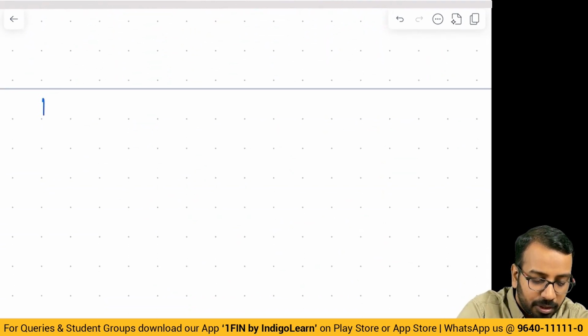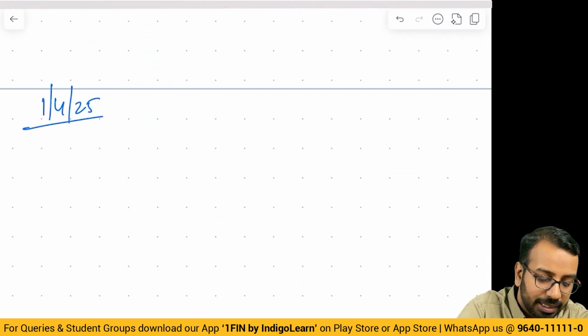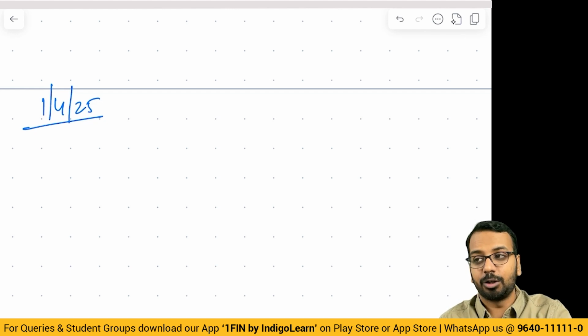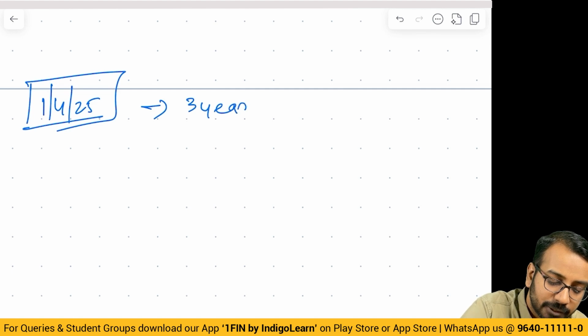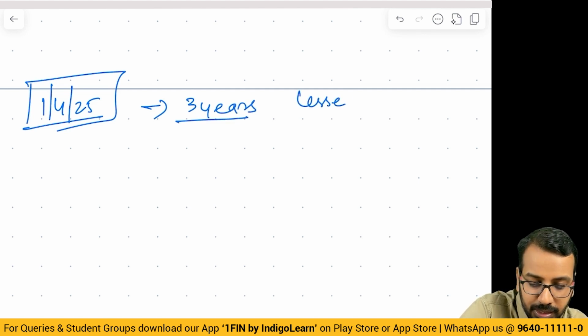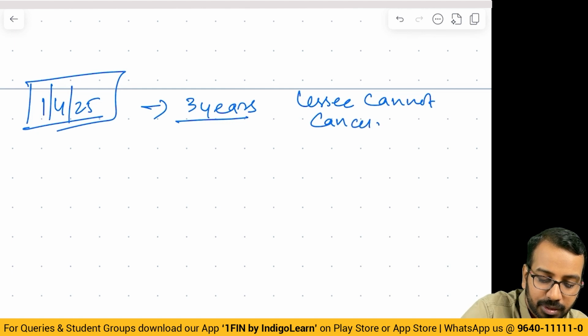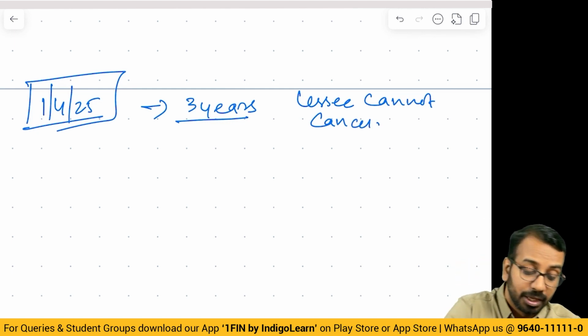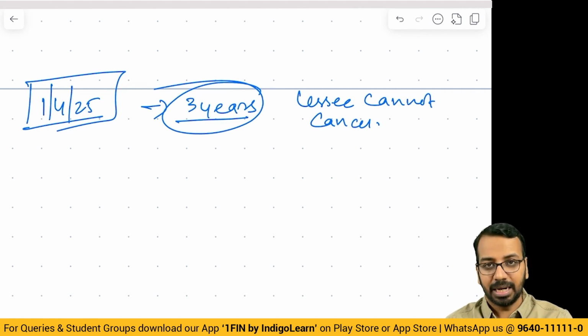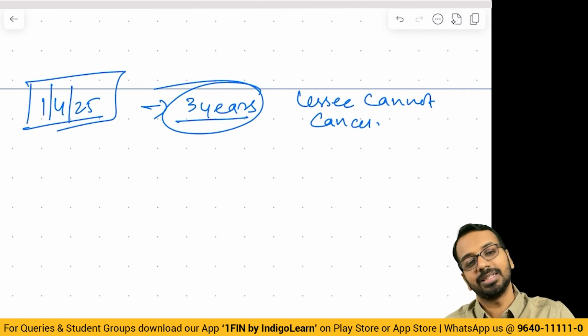Let us say we have agreed that we will take over the property from 1st of April of 25, and for 3 years the lessee cannot cancel the lease. So that is what is called the lease term. Okay, so the non-cancelable period is what is called the lease term.